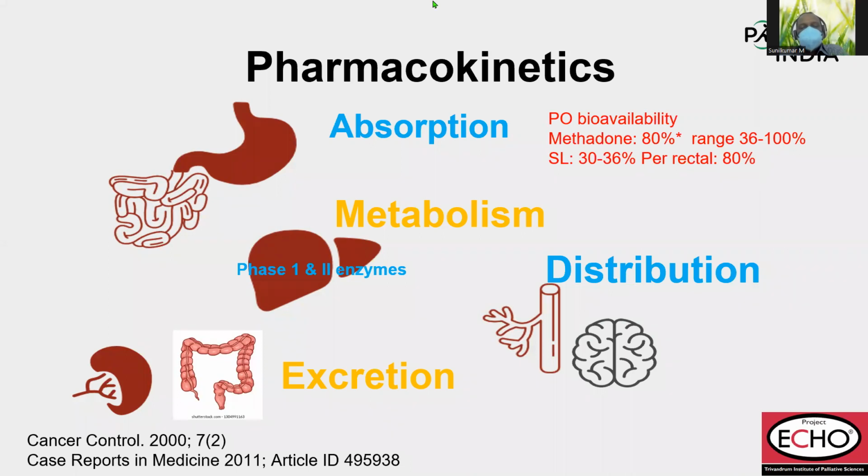Please make a guess. Okay, the bioavailability of morphine is only 20 to 30%. But methadone has a bioavailability of 80%.